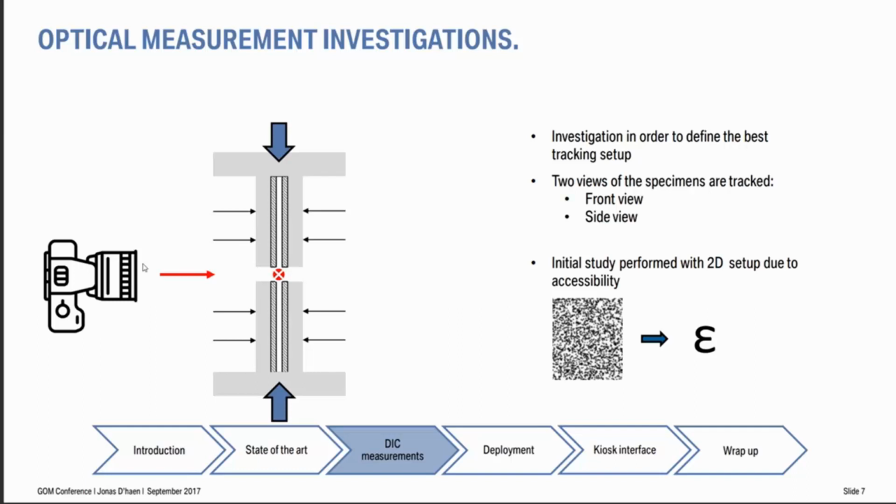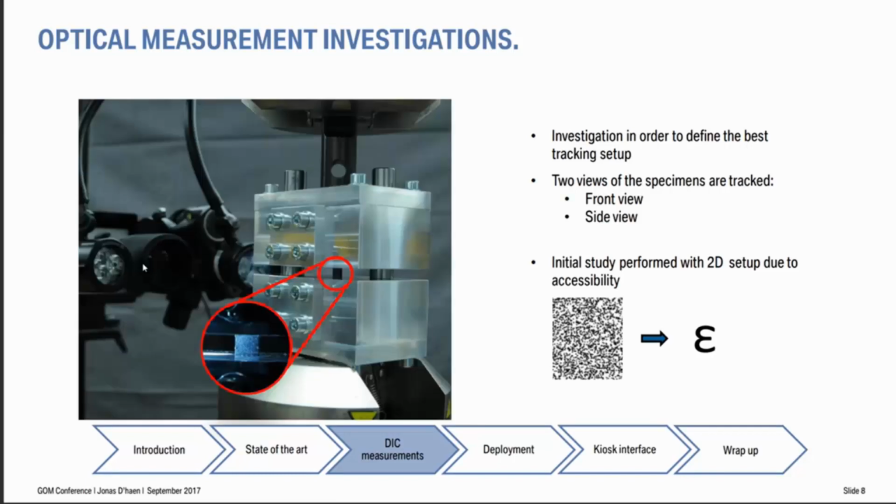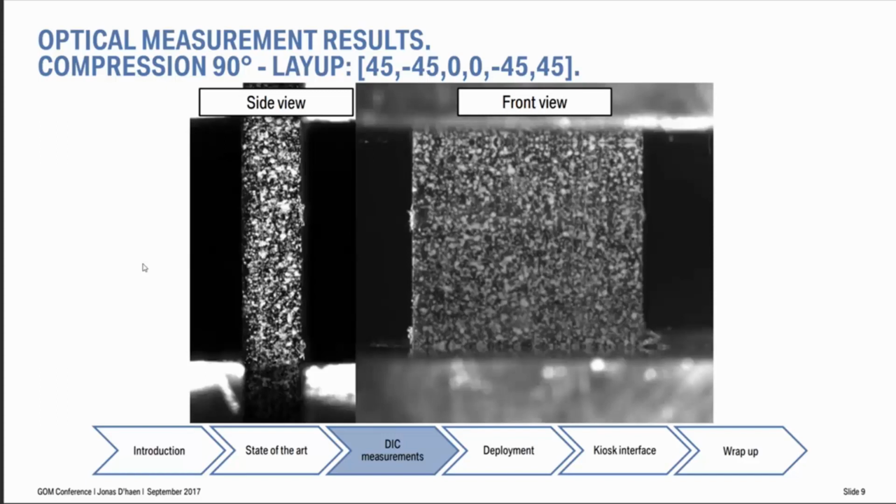In the feasibility study, they also covered two setups: the front view of the specimen and the side view. You can see here again how little the zone of interest really is. These are the pictures of the side and front view with the DIC pattern.